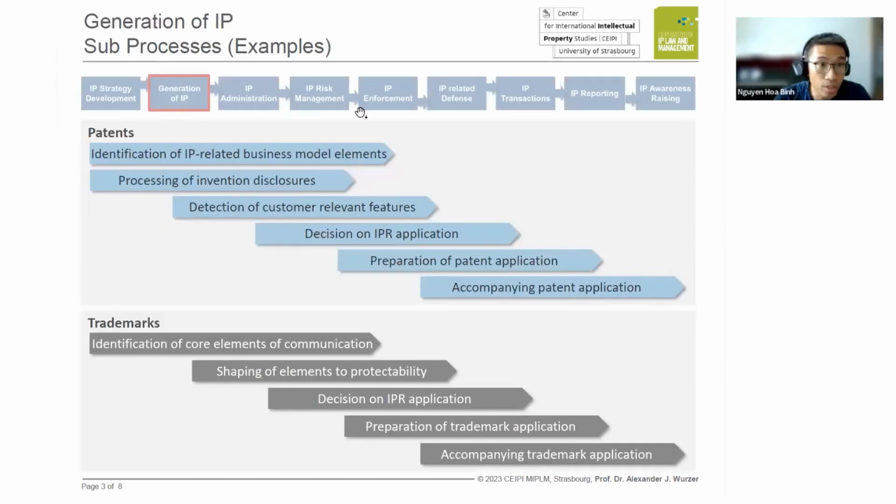For the generation of IP, we may have the following sub-processes. The first one is identification of IP-related business model elements with systemic thinking about electromobility. We may know that the vehicle is just one part of an ecosystem, so I think that a hub monopoly can be applied to the whole ecosystem.